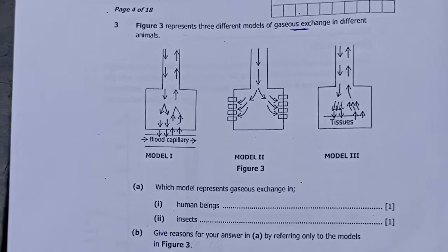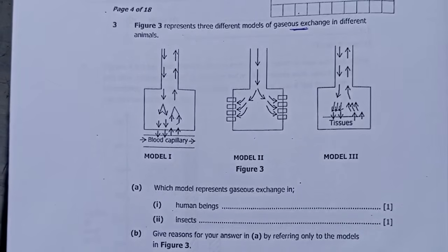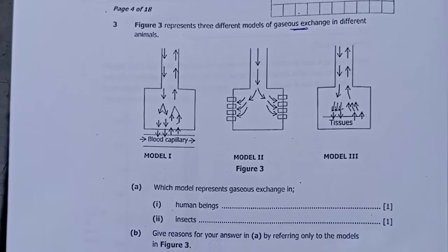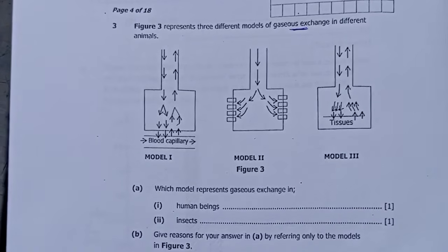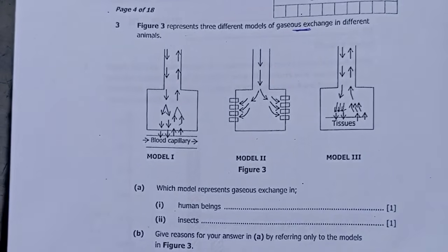You need to know how it occurs in people, how it occurs in fish, how it is in insects. All those are things you are supposed to know. So immediately after attending this lesson, you need to go through those things.